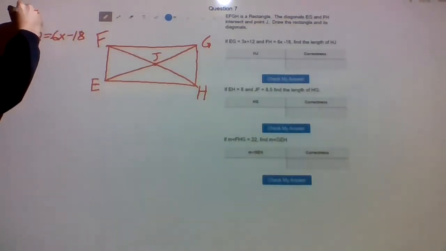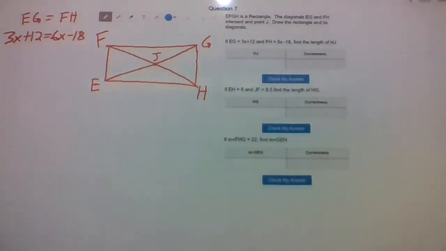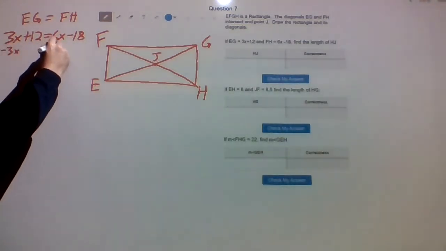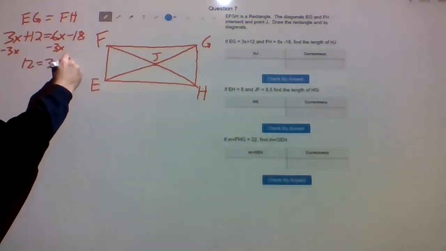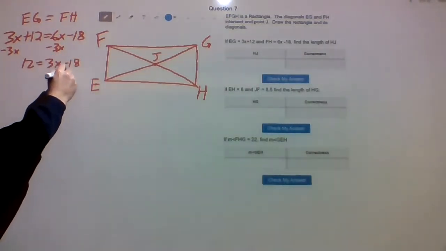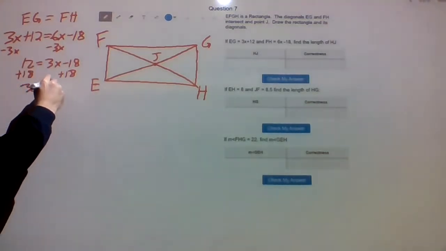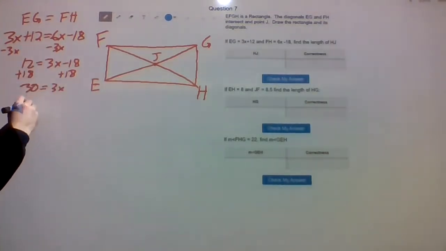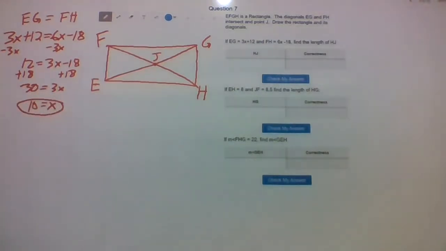EG here is equal to FH. Okay, we subtract 3x from both sides. So we have 12 equals 3x minus 18. We add 18 to both sides. That's 30 equals 3x. Divide both sides by 3 and we get x equals 10.